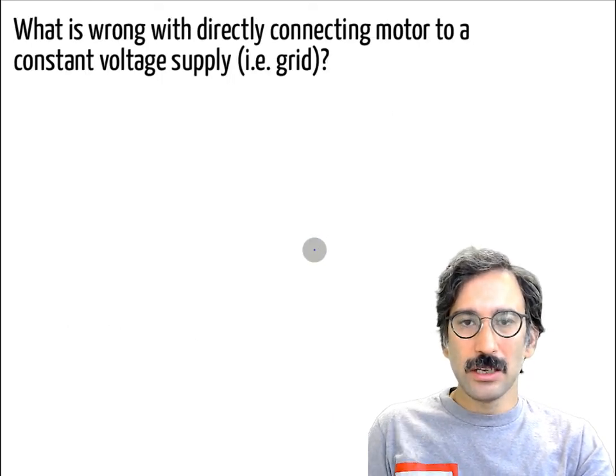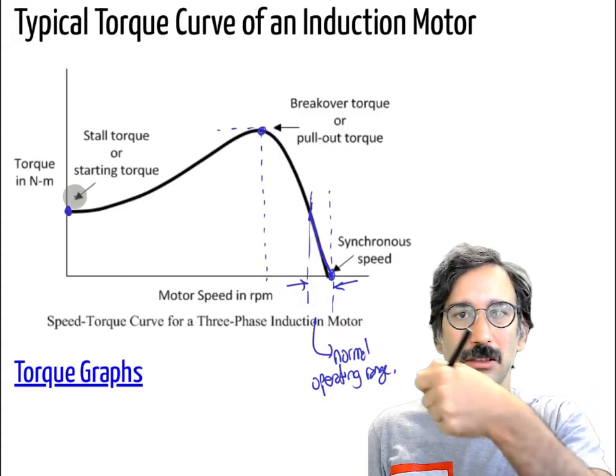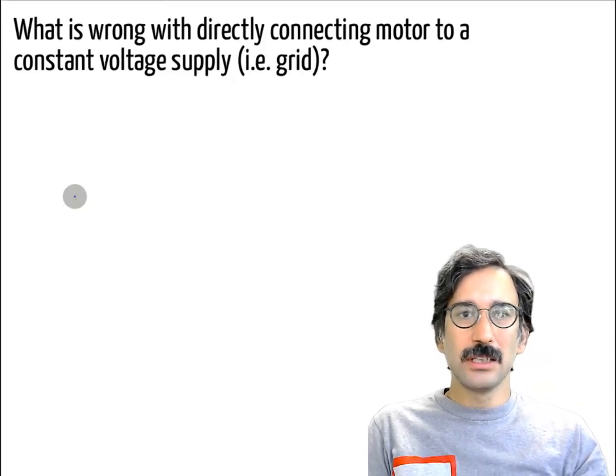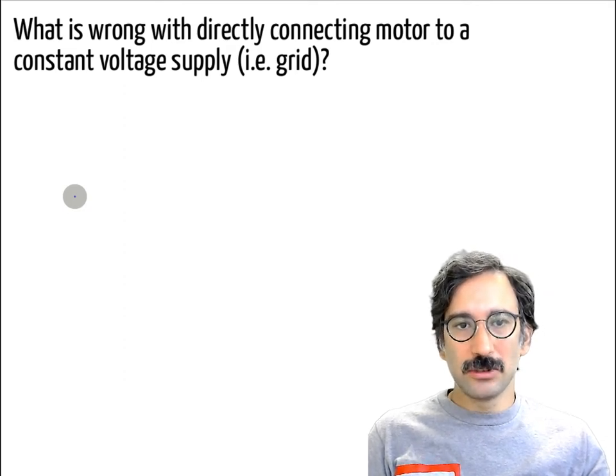So then what is wrong? You can just plug your induction motor directly into the grid, but what's wrong with directly connecting that motor to a constant voltage supply?